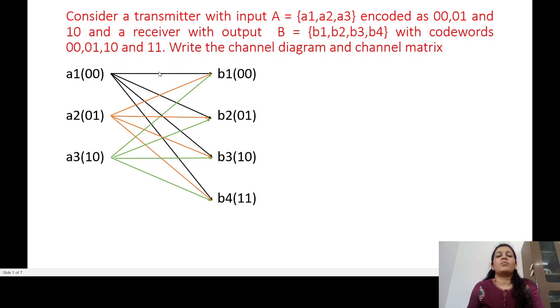If the transition probabilities are given, those can be substituted in the conditional probabilities. So I am going to get a 3 cross 4 matrix over here. Or in other words, if I am given a particular matrix, from that matrix information I can even write the channel diagram. That is also possible.